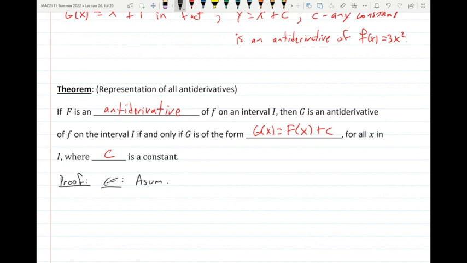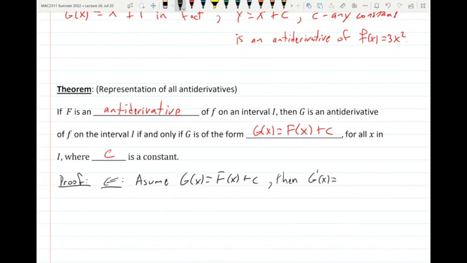So assume that G of x has this form. Do you see that if G of x equals this, then this must be an antiderivative of little f? How would you justify this? Just take the derivative, right? So then what happens when we do G prime?